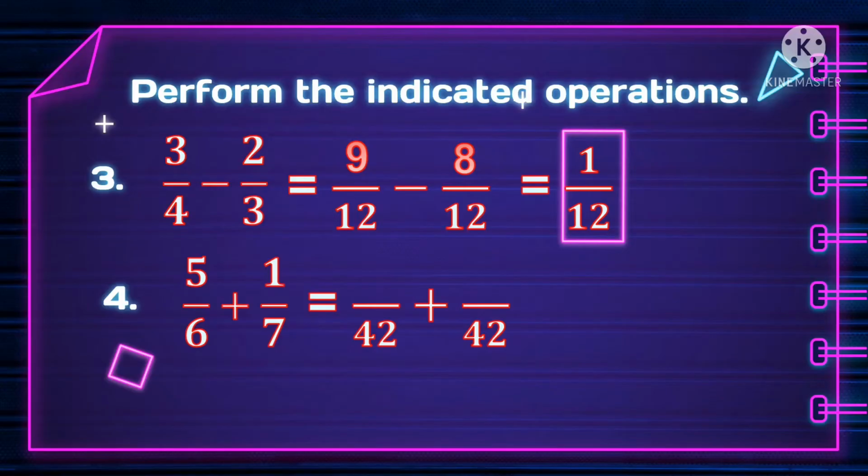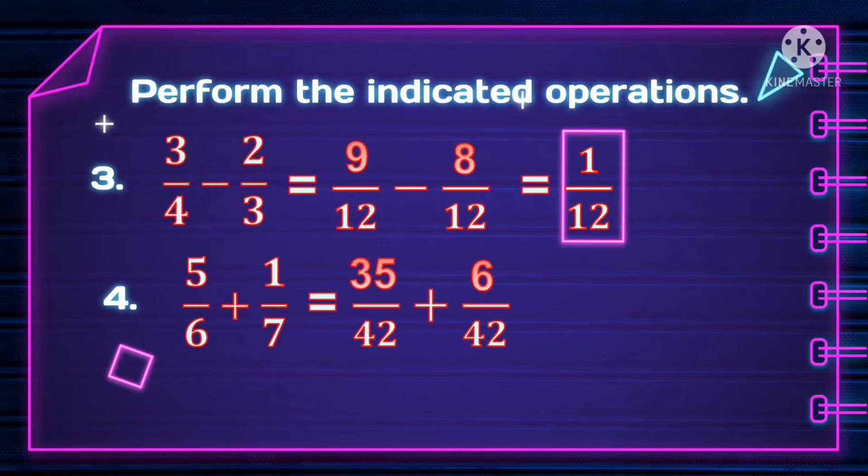So to find the new numerator, we have to divide the LCD dito sa denominator ng ating minuend. So 42 divided by 6 is 7, then multiplied sa numerator na 5, so that is 35. Okay, so sa ating subtrahend naman, 42 divided by 7 is 6, then times 1, that is 6.